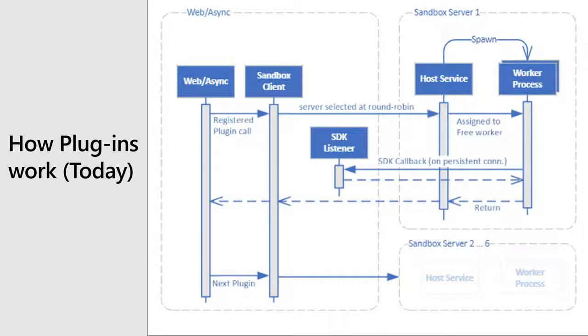Again, if you perform any operations that trigger any additional plugins, you can end up with, by design, a cascading set of operations that will flow through. But when the operation is finally completed by the worker process, it returns back to the web or async server that it completed.